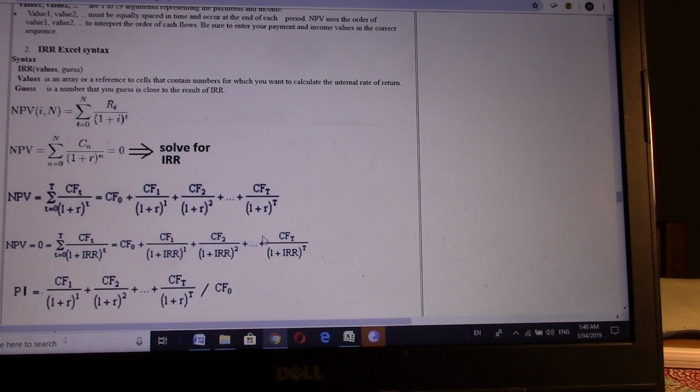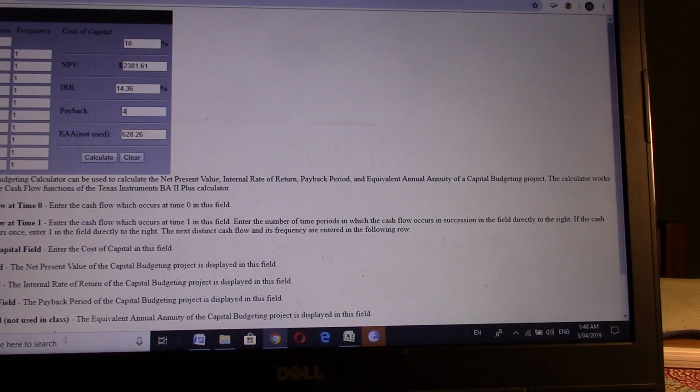This is the whole equation, equals to 0, and that's IRR. But you can use the IRR command in Excel to figure it out, or you can use this calculator. IRR in this case is 14.36%. So at this rate, NPV equals 0.